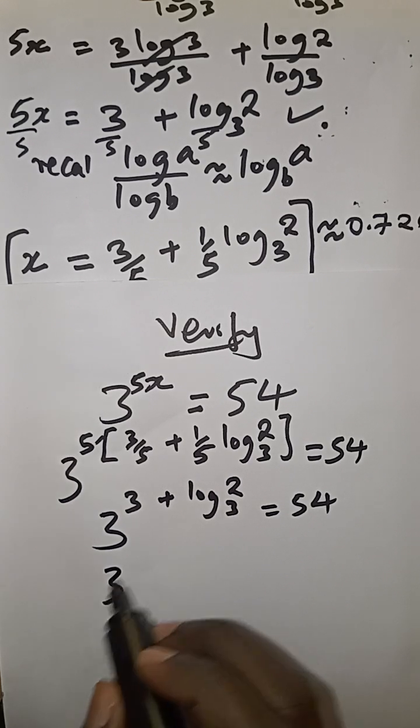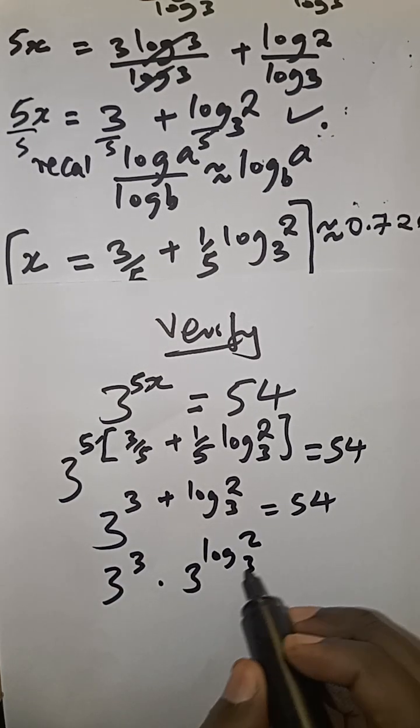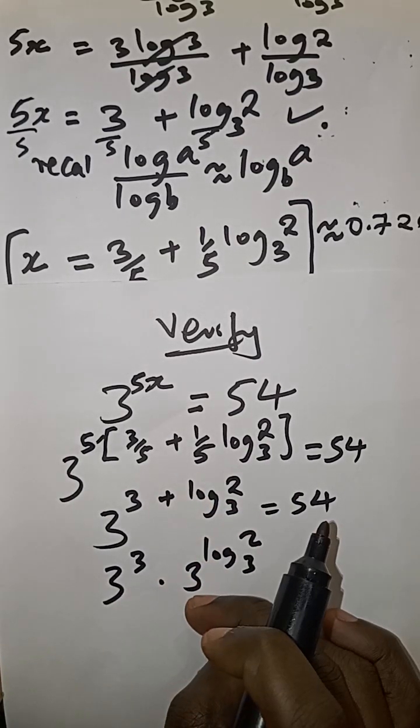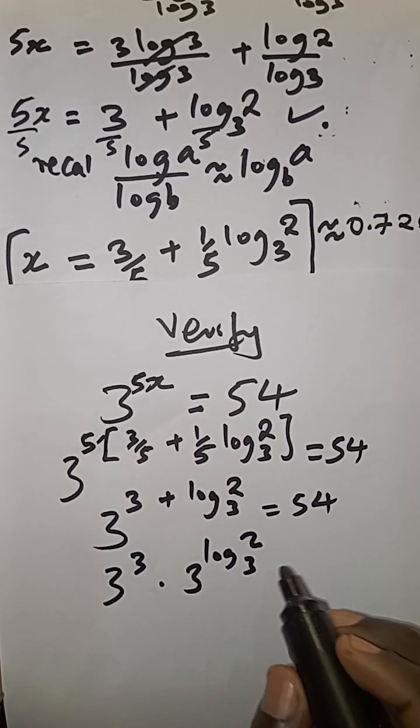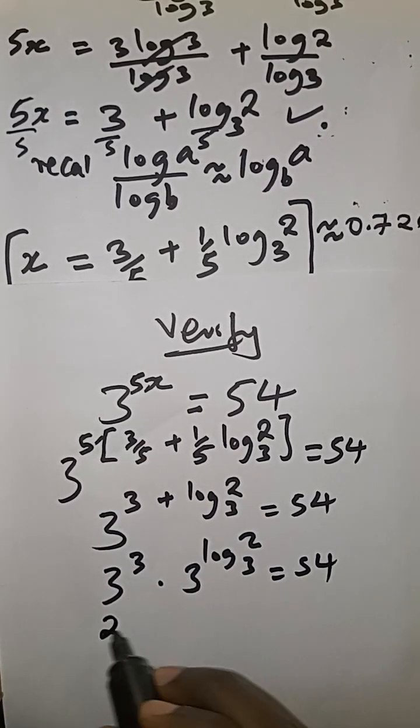Rewriting this, I'm going to have 3 power 3 multiplied by 3 power the log of 2 base 3. Since the powers are added, the bases are multiplied like this. So this is 27.